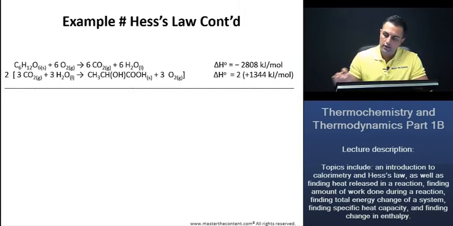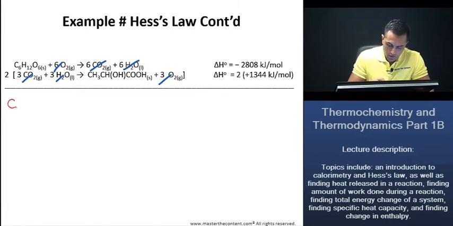Perfect. And here we see that the following reaction is multiplied by 2, as we had said. It is flipped. Furthermore, the standard enthalpy change, as we see here, it is positive now, and we also have multiplied it by 2. Now, what we can do here is we can cross out everything that we don't need, our carbon dioxide, our oxygen, our water, and we're left with our glucose here.